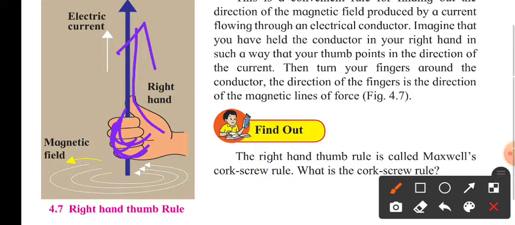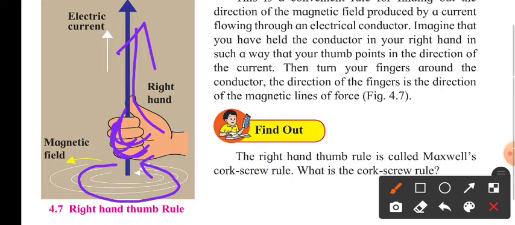So when we keep the stretched thumb in the direction of the electrical current, the curled fingers give the direction of the magnetic field. You can see this is the direction of the magnetic field around the conductor.